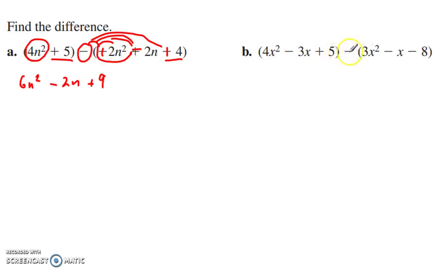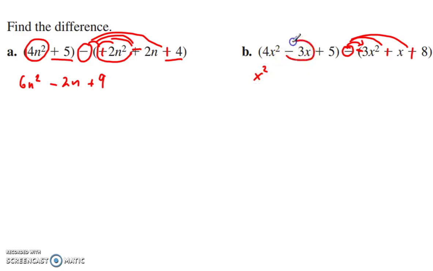Pause the video, try this second example by yourself. Remember to change all the signs. Okay. This becomes negative, this becomes positive, and this becomes positive. Now we go through, say that's negative, so that's minus. Now don't say minus minus. We've just applied the negative here, so now we're going to follow all the signs in the parentheses. So it's 4 minus 3, that leaves me with 1x squared.